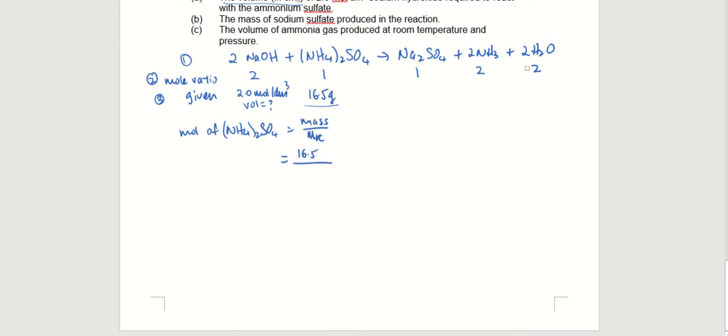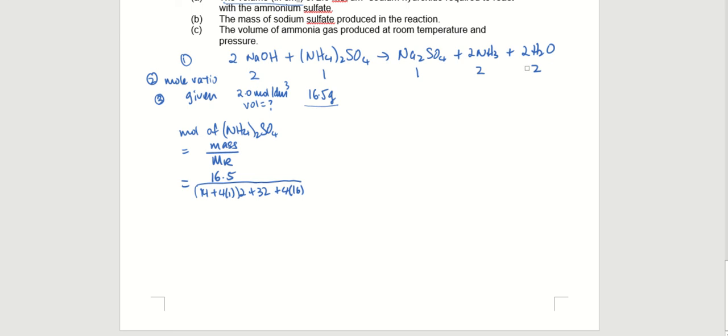Now let us calculate that together. Okay, in order for us to save space, perhaps we will write down here. Mass over Mr. Mass given is 16.5 divided by Mr. Now nitrogen is 14 plus hydrogen, that's 4, so that's 4 times 1. Okay, we multiply all that by 2 because there's 2 of ammonium, and we add 32 for sulfur, and we add 4 of oxygen.